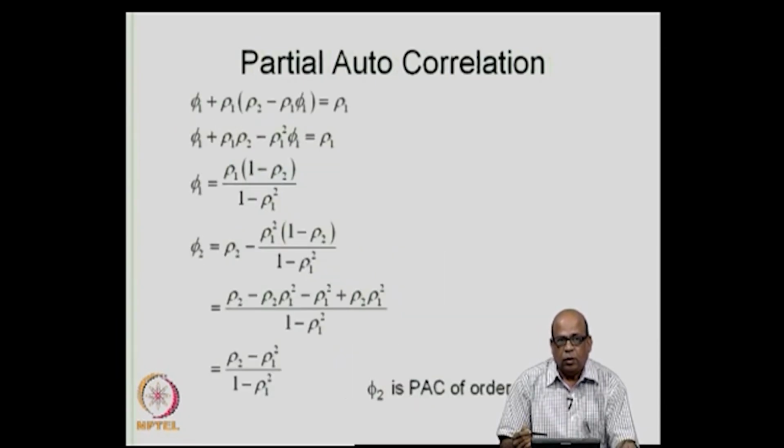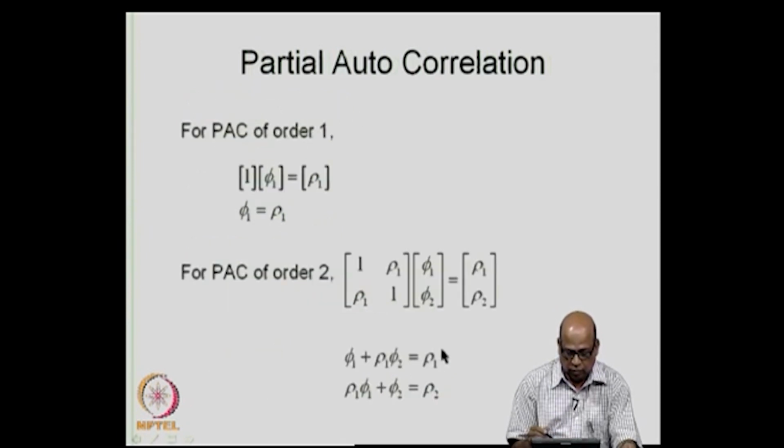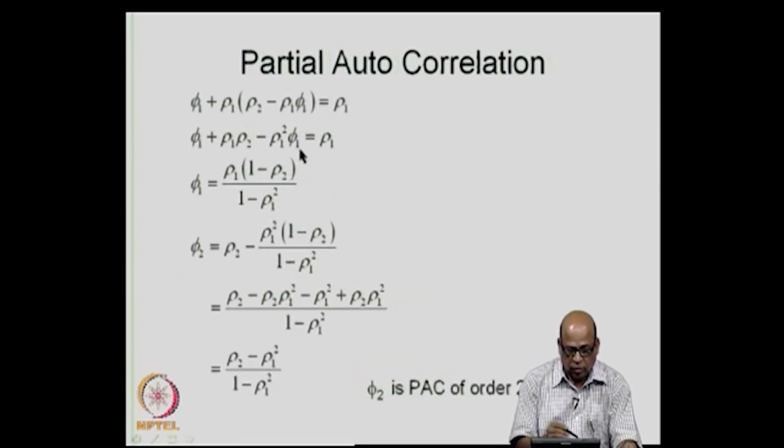So, we will simplify that. From this equation, you get here phi 1 plus rho 1 phi 2 is equal to rho 1. So, you are substituting for phi 2 here and then getting rho 1.